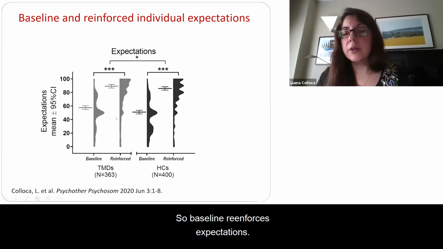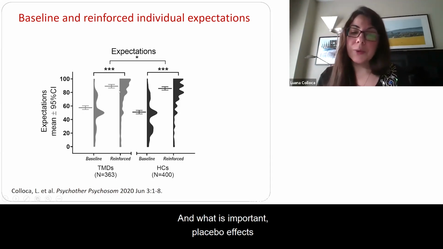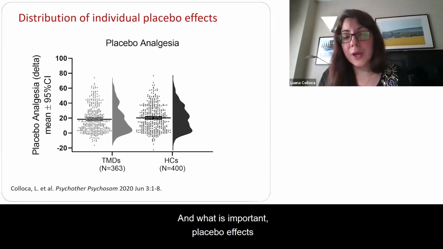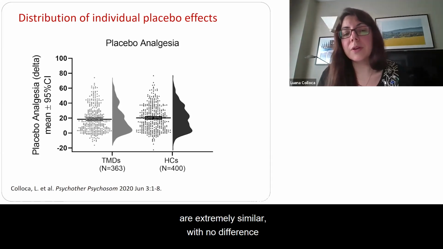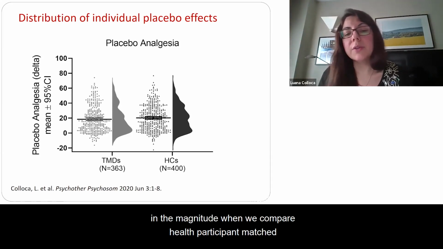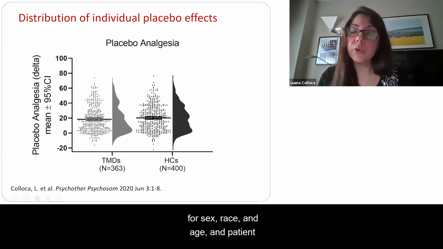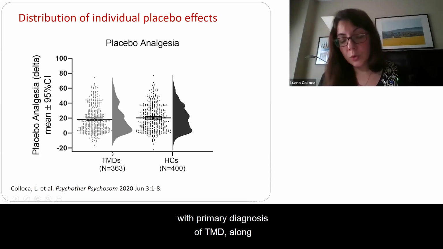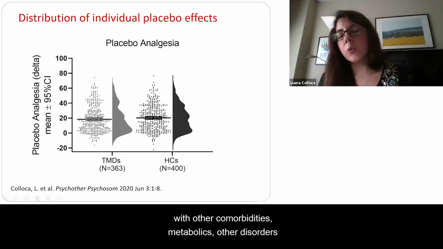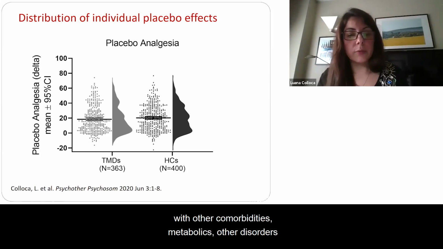So baseline reinforced expectations. And what is important, placebo effects are extremely similar, with no difference in the magnitude when we compare healthy participants matched for sex, race, and age, and patients with primary diagnosis of TMD, along with other comorbidities, metabolic, other pain disorders, and so on.